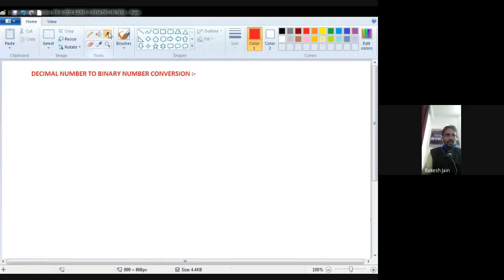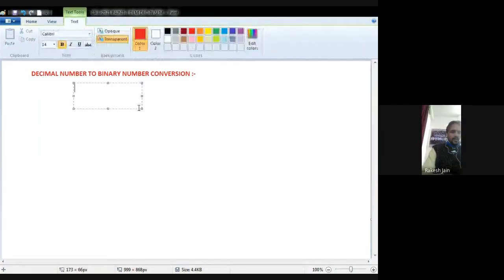Let's suppose there is a question to convert a decimal number, let's suppose 47. This is my number 47, which is a decimal number because the base is 10, into a number whose base is 2.